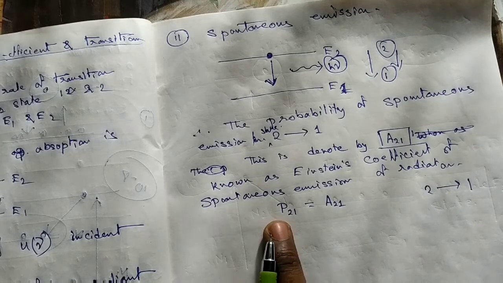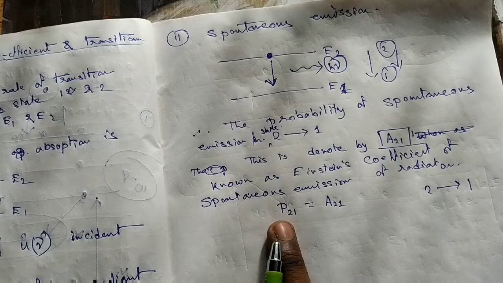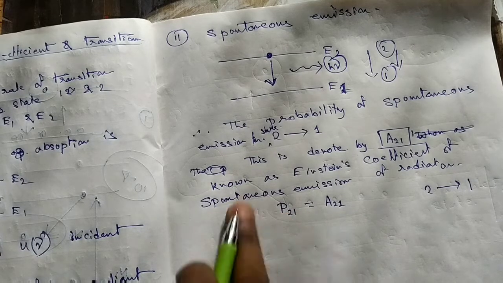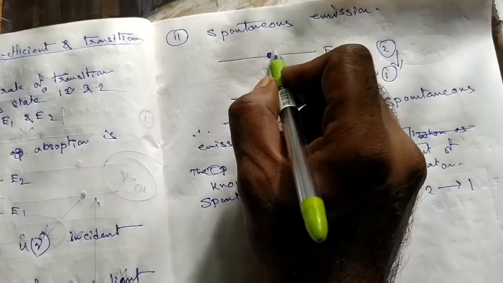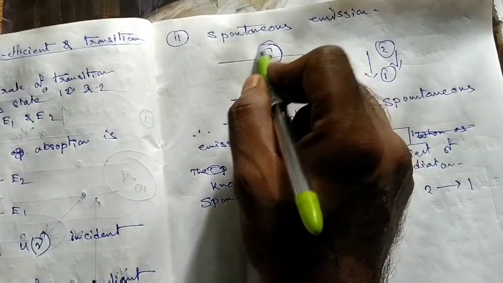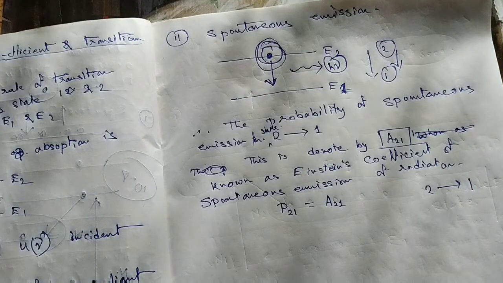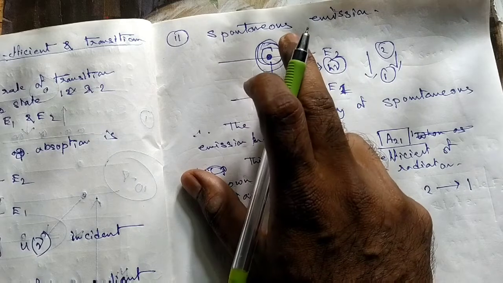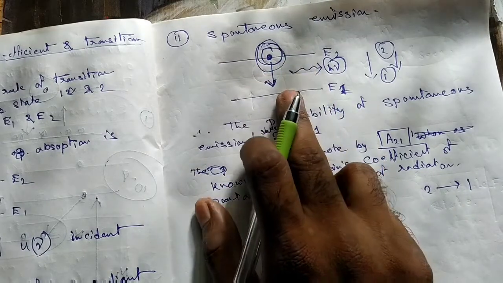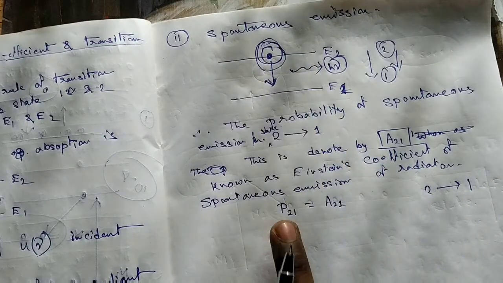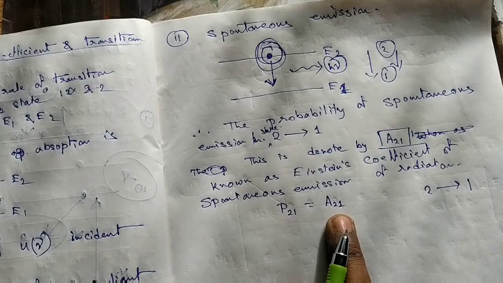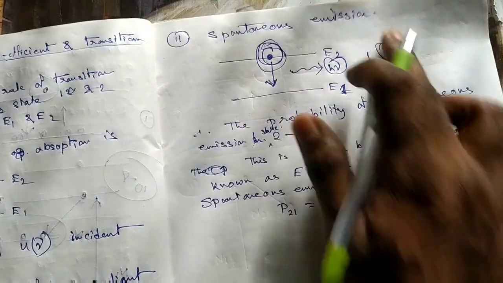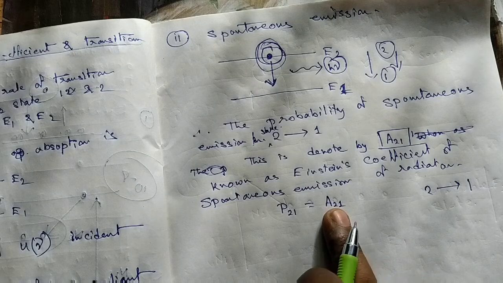Another thing is that this P21, the probability from the second state to the first state, is not dependent on the energy density, because this atom is already situated in an excited state. So no external energy or energy density is responsible for the transition of this atom from energy state 2 to energy state 1. That's why this is directly equal to the coefficient of spontaneous emission.